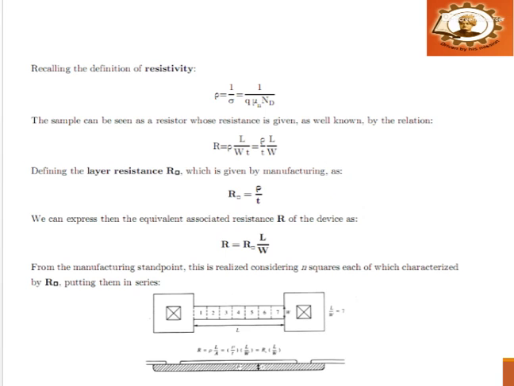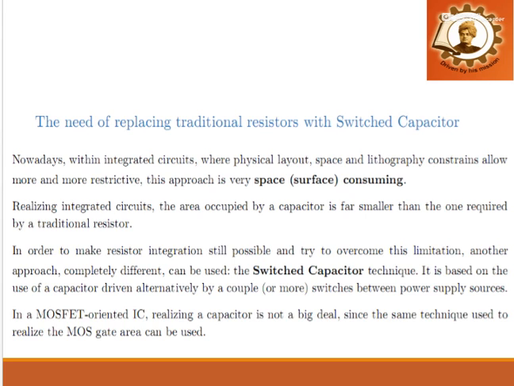So there are so many advantages of using the switch capacitor. If we summarize them, the first one is that a very high value of resistor can be achieved using a small area. So a small area is sufficient to get a high value of resistance, and this is temperature and process independent.